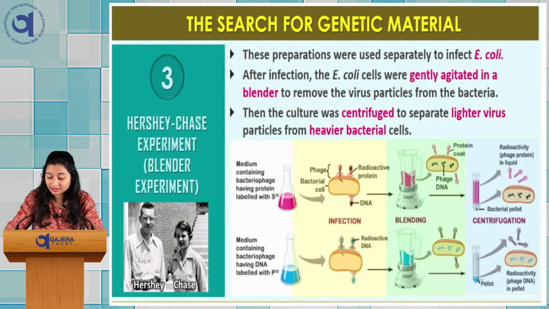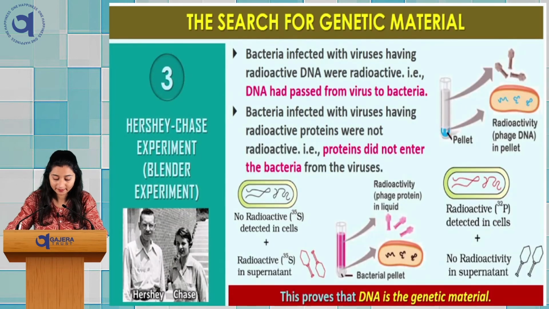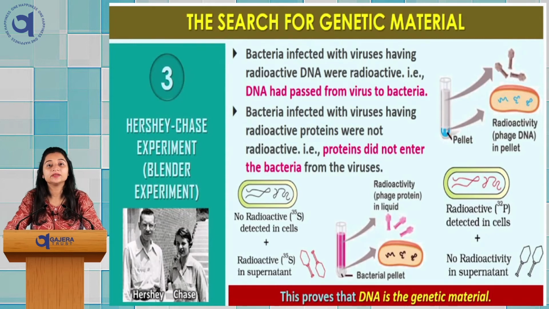The radioactively labeled protein in the liquid was not radioactive, and in the other case, when the bacteria was infected by the E. coli, this radioactive material was found inside the E. coli body. So that is how in this experiment also they tried to prove that DNA is actually the genetic material which is getting transferred.